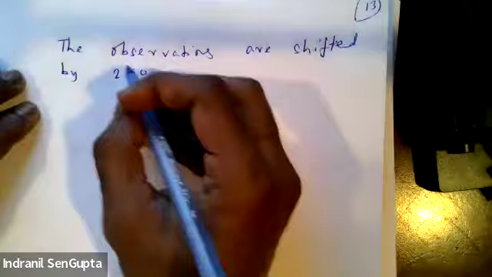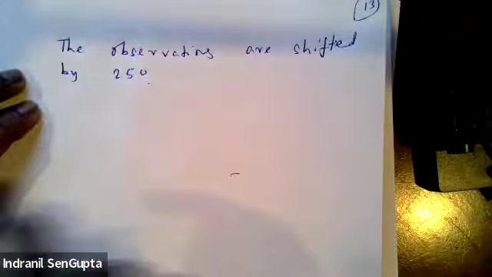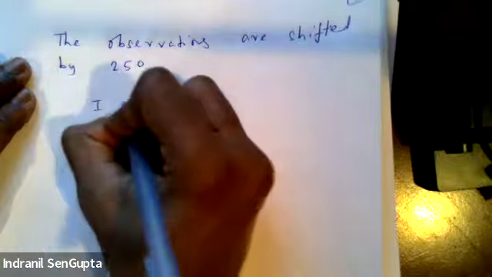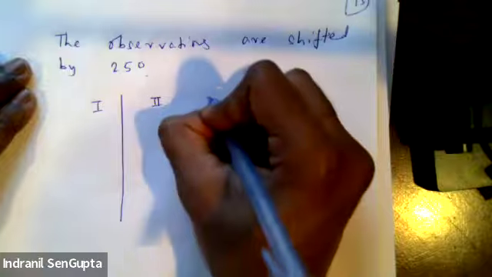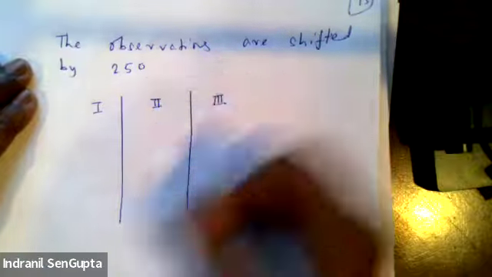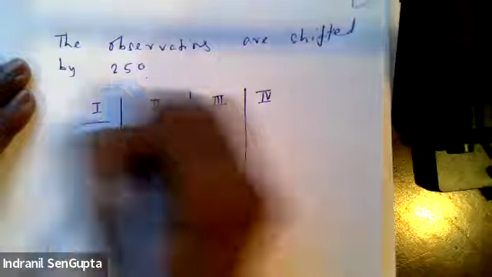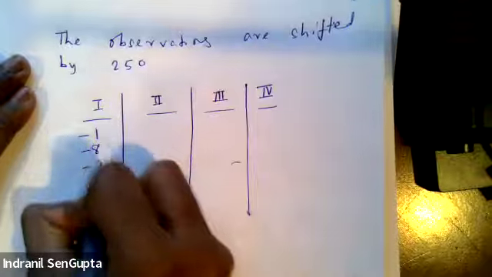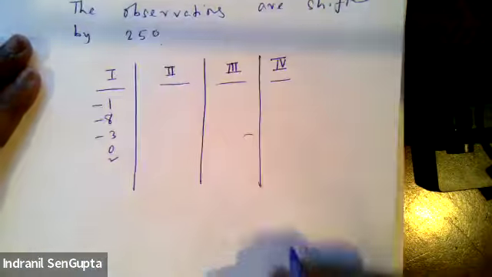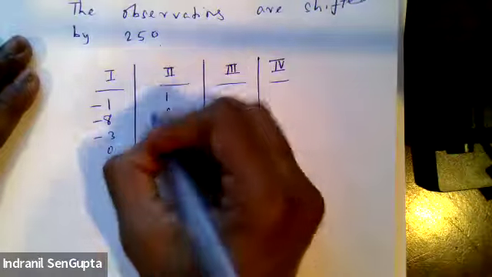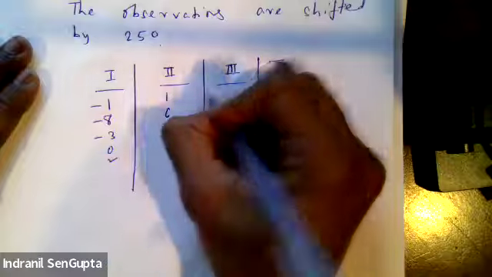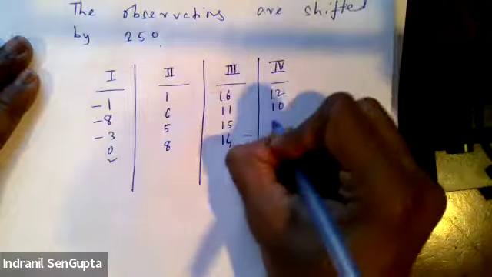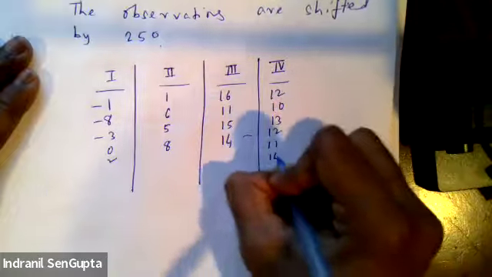And again, it's only the shift, so it will not affect anything, because remember, the scaling affects things, but shift does not. So then I have these four groups, 1, 2, 3, and 4. If I reduce those numbers, it's -1, -8, -3, 0, 2. Here it's 1, 6, 5, 8. Here it's 16, 11, 15, 14. And here 12, 10, 13, 12, 11, 14, 12.